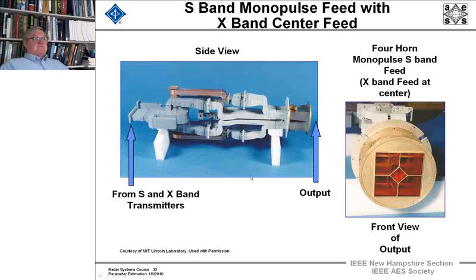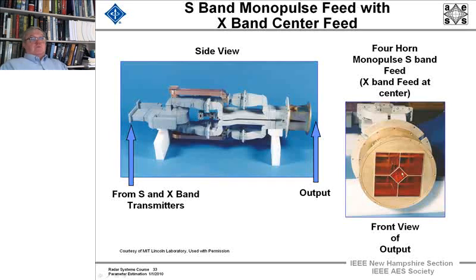Now, this is the port from the S-band and the X-band transmitters, and they have to go through all these shenanigans to come out, and this is looking at the output, where we have the sum signals for the S-band, and here is the X-band feed at the center.